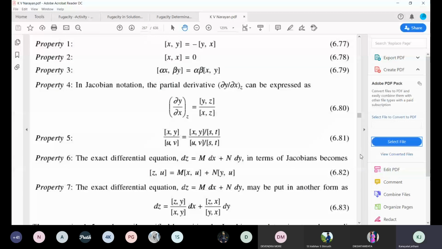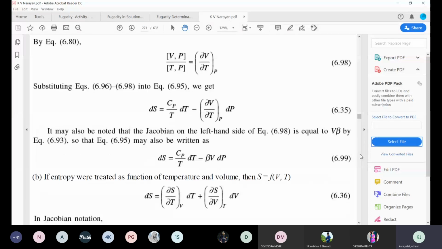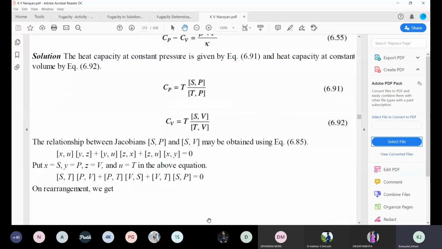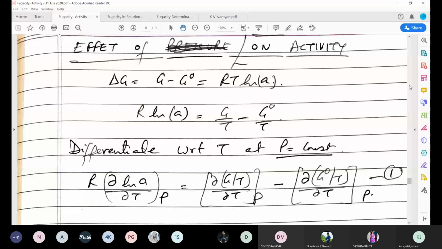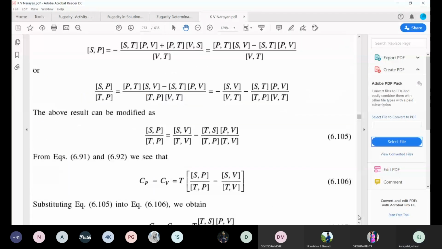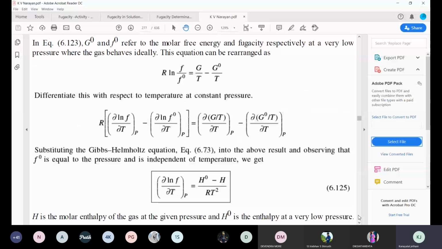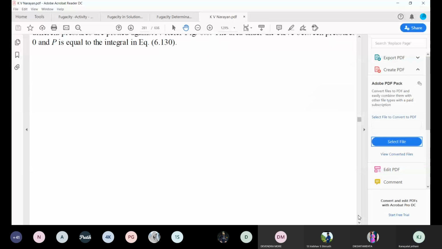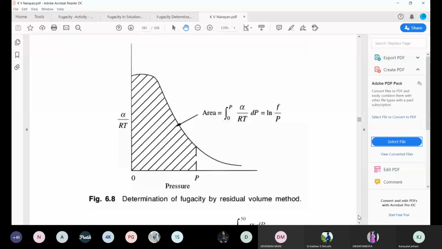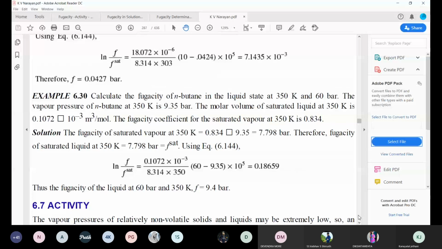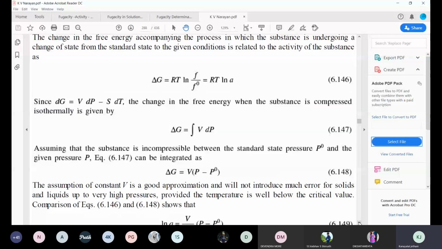So let us see that example which we referred to. I'll come back to that. Example 6.31. Okay, so let's see.